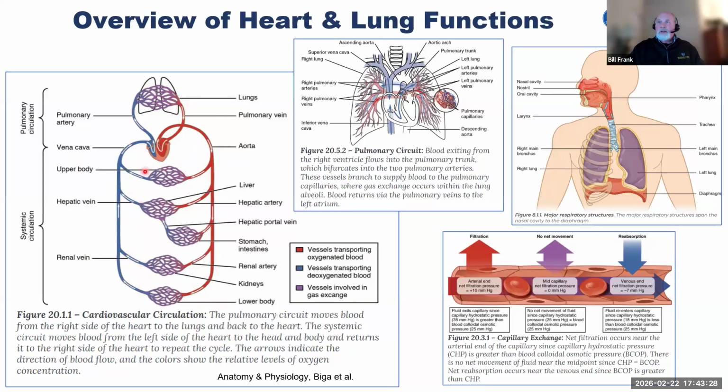The right side of the heart is going to become more of the pulmonary system, and the left side of the heart is going to be more of the systemic system. So what are some of the key functions of the heart? It is a four-chambered pump. It allows for circulation, and it is involved in pressure maintenance.